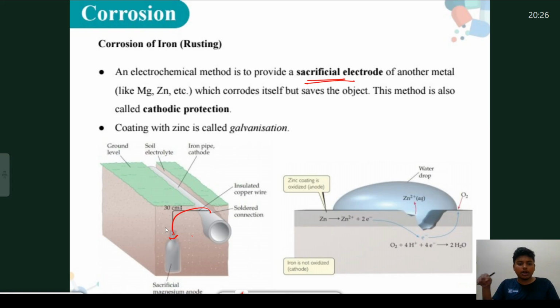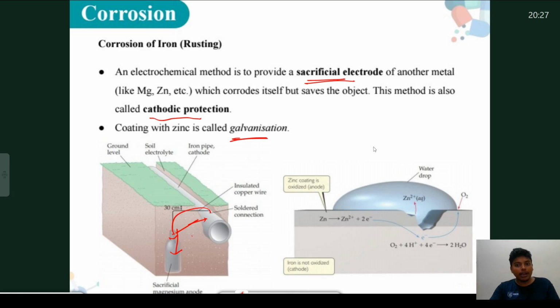It can get corroded because water and oxygen are there. So what do we do? We connect it with another, more reactive metal; that is known as cathodic protection. Or you can do galvanization. You know what galvanization is: a zinc coating over iron. Even after the zinc coating breaks, iron will not get corroded.